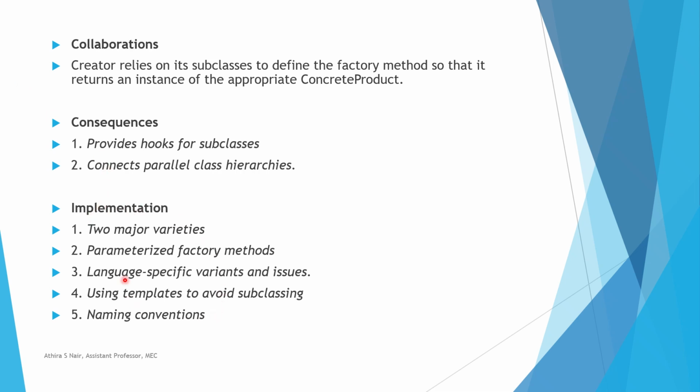We have to consider these issues when applying the factory method pattern. First of all, the two main variations of factory method pattern are the case when the creator class is an abstract class and does not provide an implementation, and second, the case when the creator is a concrete class and it provides a default implementation.